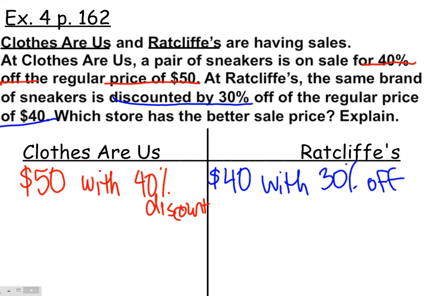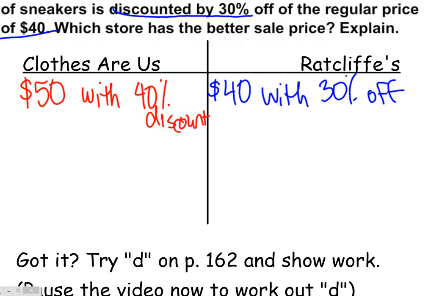So to figure this out, let's calculate. $50 times 0.40 is a discount of, let's calculate it. Type it in, 50 times 0.40. You can also use mental math.